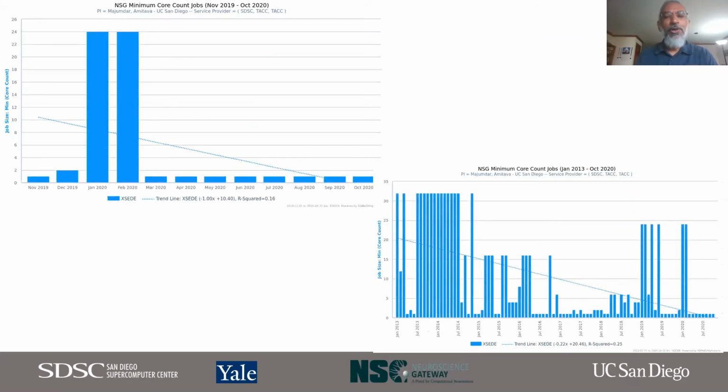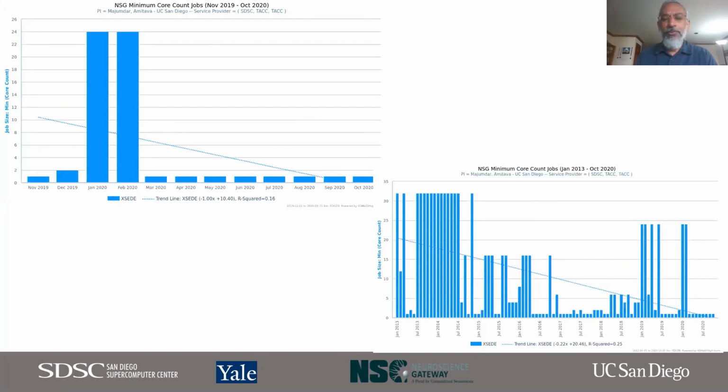So this is for maximum core count job. Here I have the same plots on the top left and the bottom right, except for minimum core count jobs. So you can see there are few core count jobs, 10 or so, or 5. So this means over time, more and more data scientists and cognitive neuroscientists have been doing single core or few core jobs of processing their data. So this is good. This shows that more and more cognitive neuroscientists joined over the last few years.